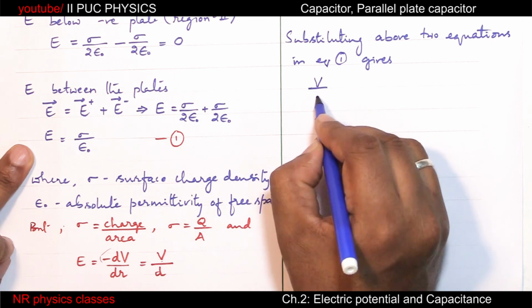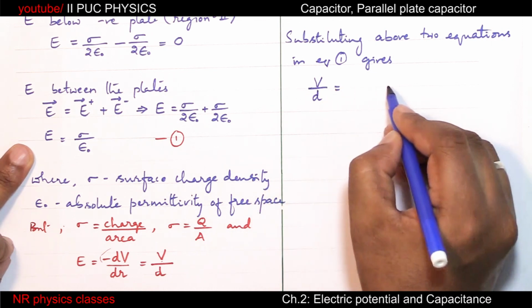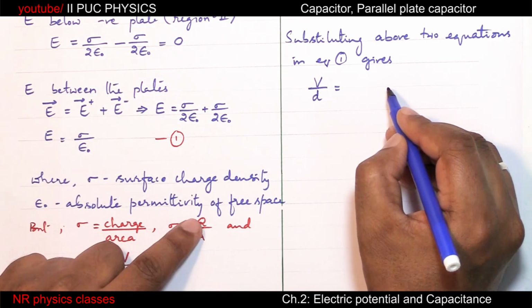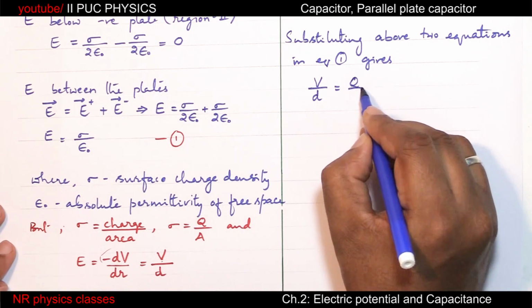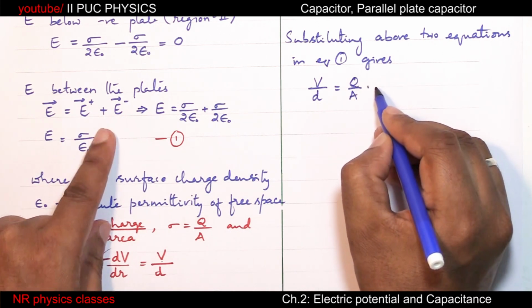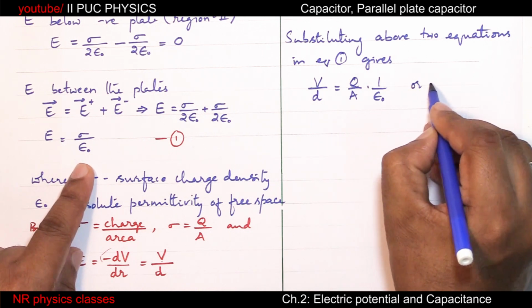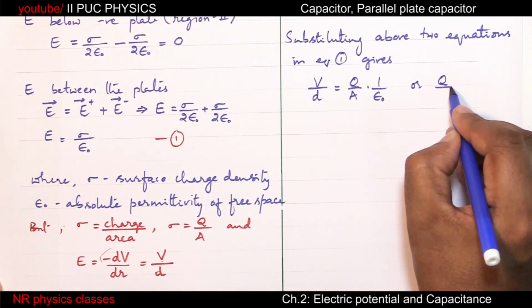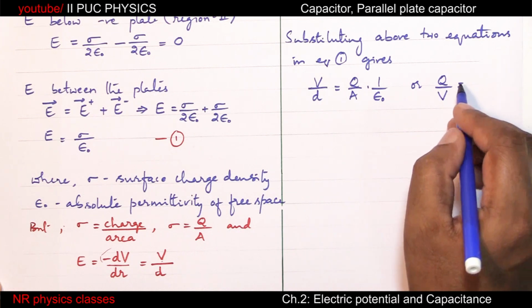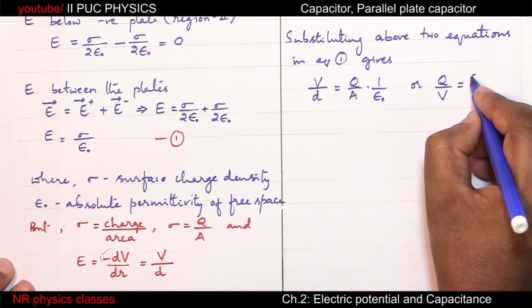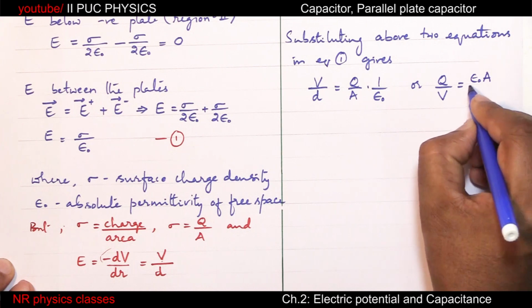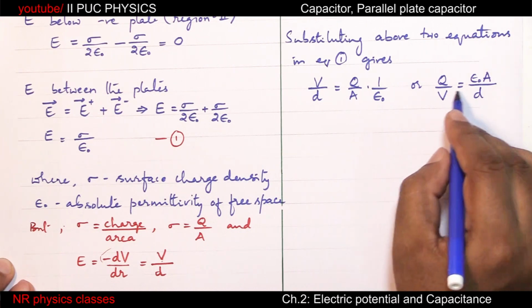So V by d equals sigma, which is Q by A, into 1 by epsilon naught. Q by V equals epsilon naught A by d.